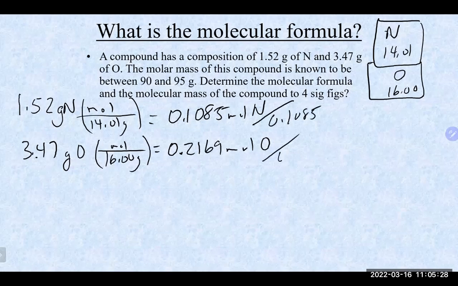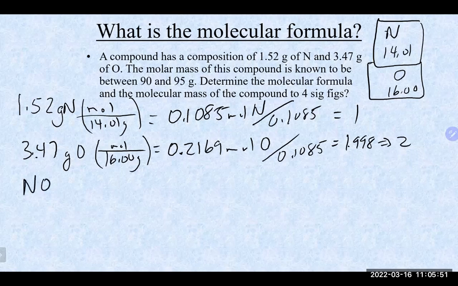So we're going to divide them both by the nitrogen's value. That gives us 1 for nitrogen, and for our oxygen basically like a 1.998, which is about 2. So that again is close enough to round in this case. That gives us an empirical formula of NO2.